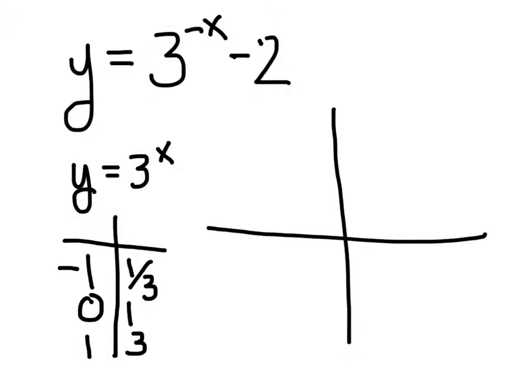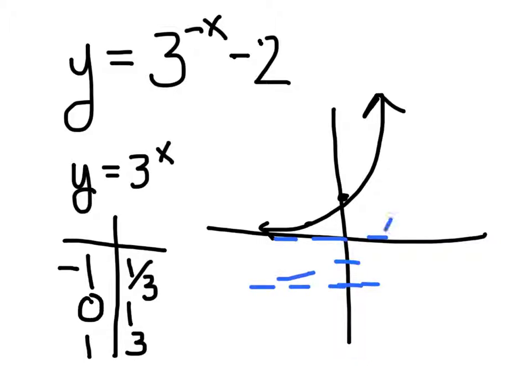Figure out what that graph looks like. And then apply the rules we just talked about. So this graph would be shifted down 2, so the asymptote would move. But in addition to shifting down 2, it's going to be flipped across the y-axis, and so it's going to look like this.